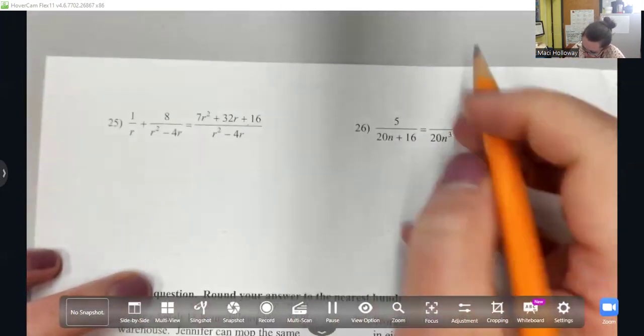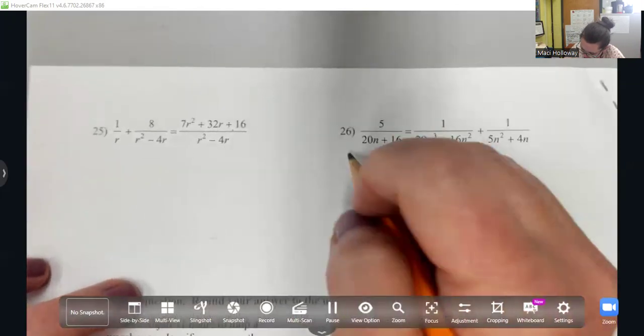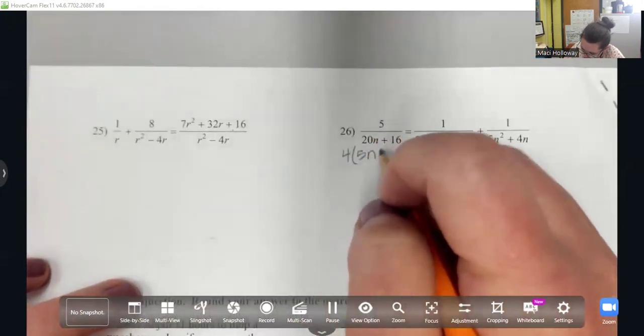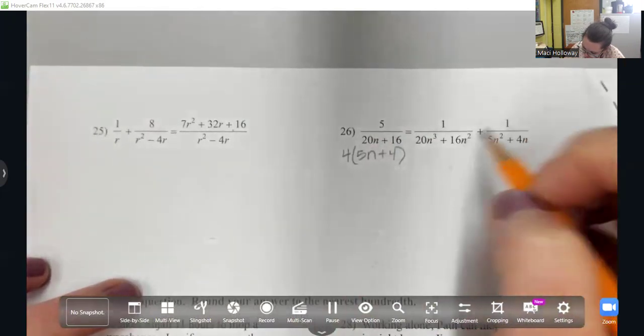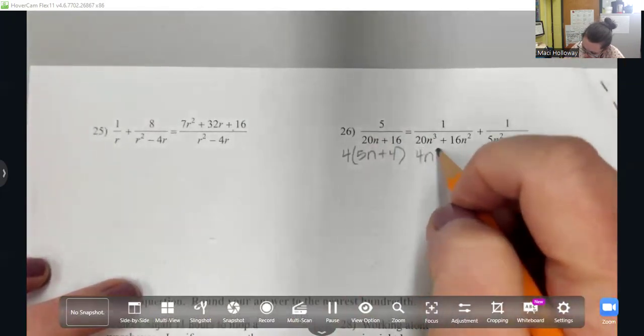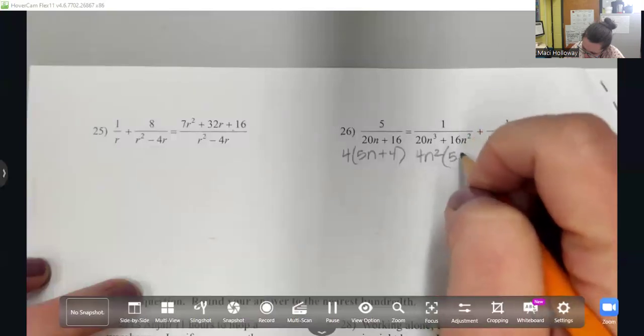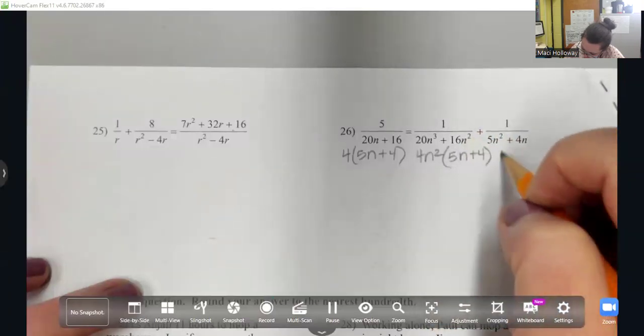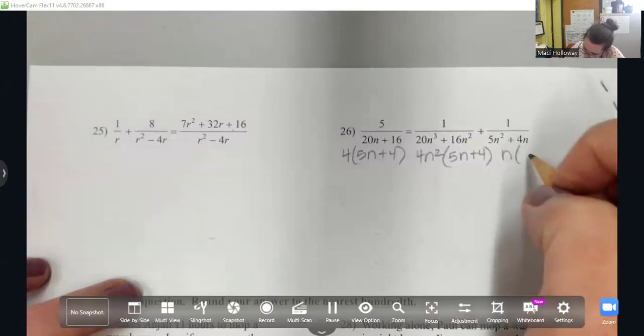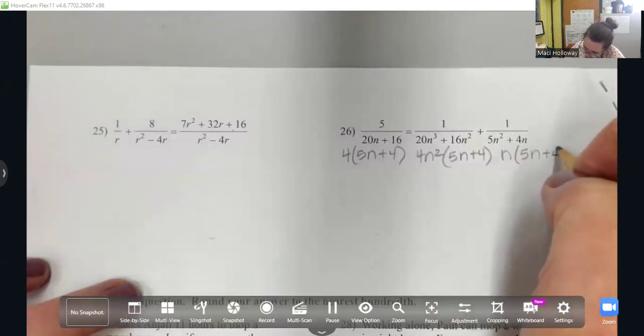Factor first. I think I can factor out a 4. So that's 5n plus 4. Factor out a 4n squared. We get a 5n plus 4 here. Factor out an n, and we get a 5n plus 4.